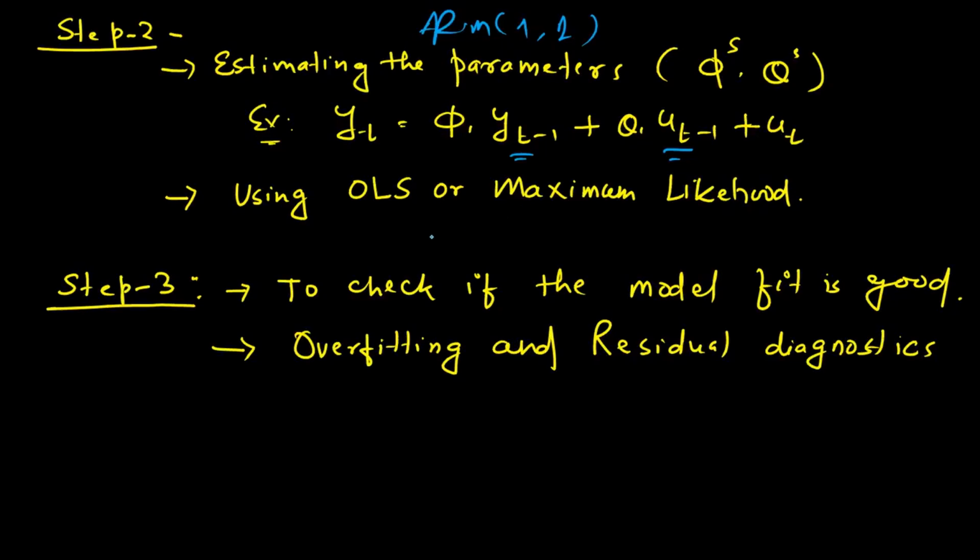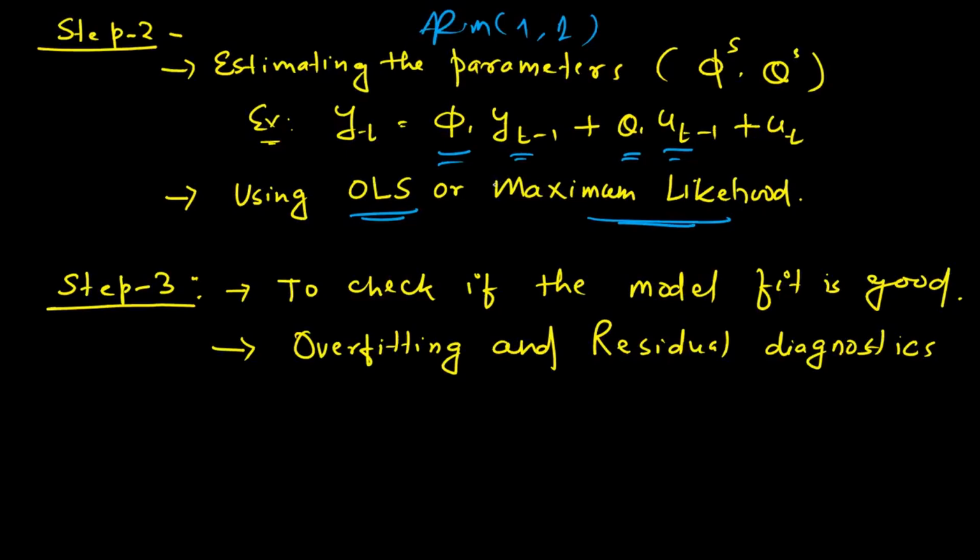Using one of the estimation techniques, it could be ordinary least squares or maximum likelihood, you can find the values of the phis and thetas. When you find those numbers, the model will be complete, a full-fledged time series model.